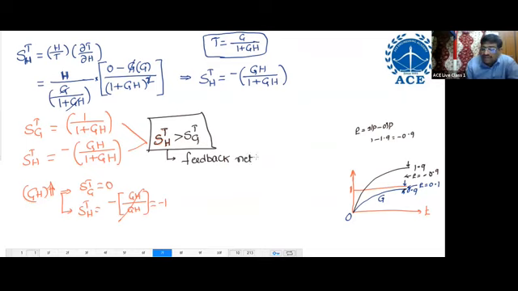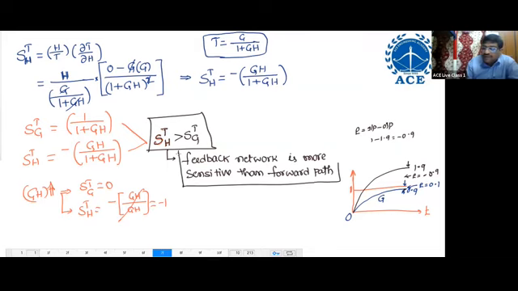Remember, when you solve the volume 1 and volume 2 questions and previous GATE questions, you'll find this: which is more sensitive? The feedback network is always more sensitive than the forward path gain. Okay, so this is about the sensitivity question.